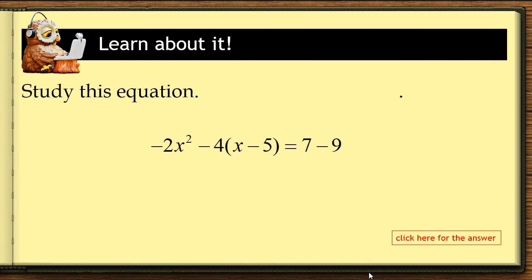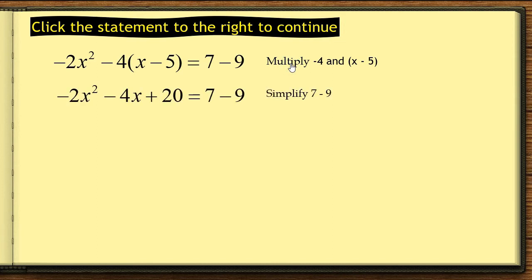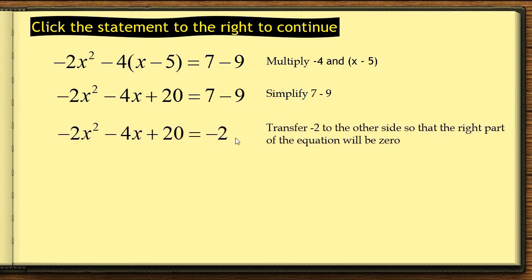Let us transform this equation into standard form so we can get the values of a, b, and c. First, multiply negative 4 and x minus 5. Then, after multiplying and having this equation, we need to simplify the right side of the equation, which is 7 minus 9. And the answer is negative 2.